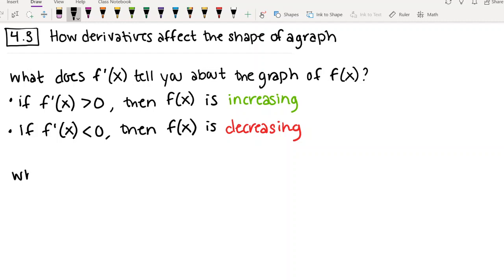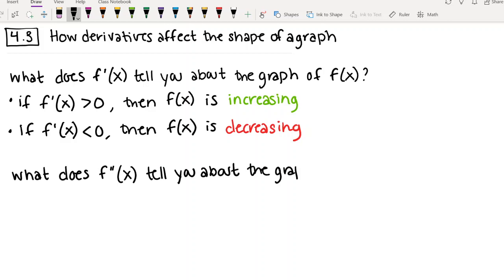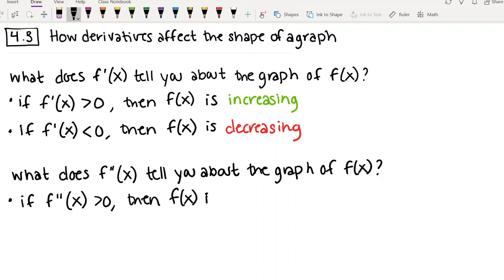So now we can say, what does f double prime of x tell you about the graph of f of x? So what does it tell you? Basically, it says that if the second derivative is positive, then your original function is concave up.